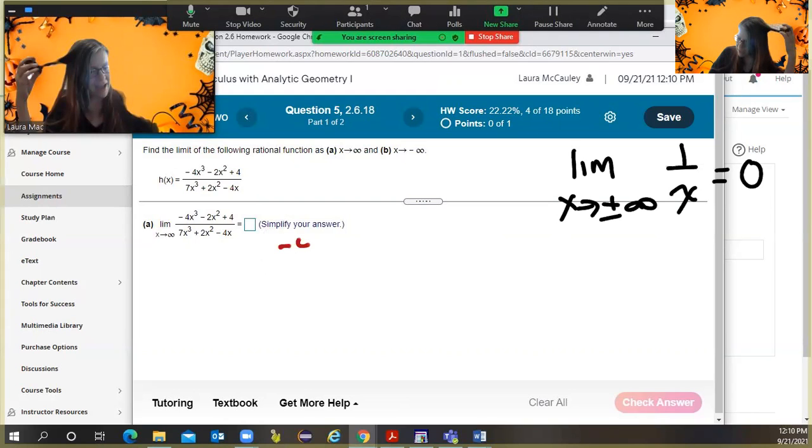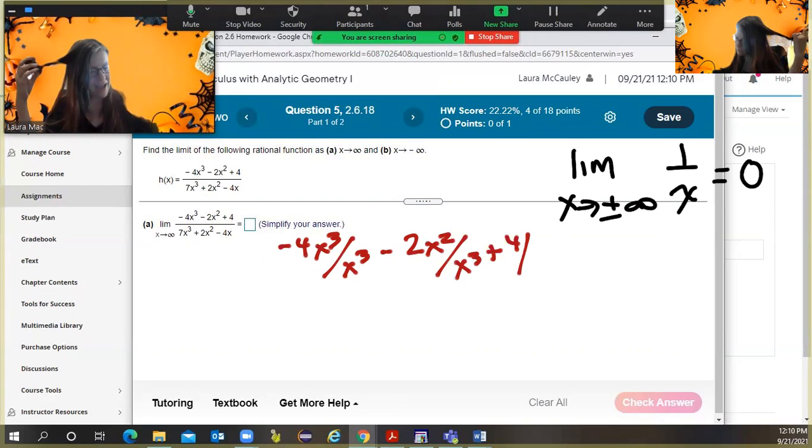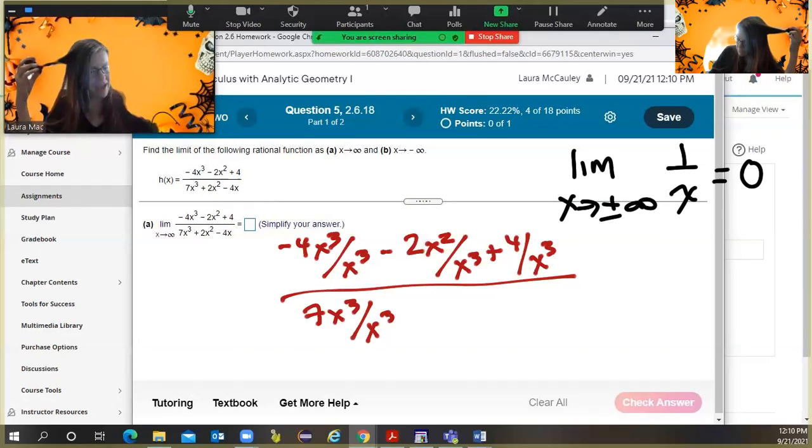We're going to divide everybody by x to the third. Okay, and then let's simplify this.